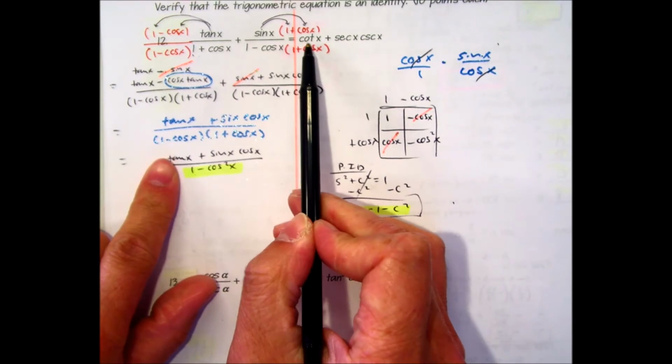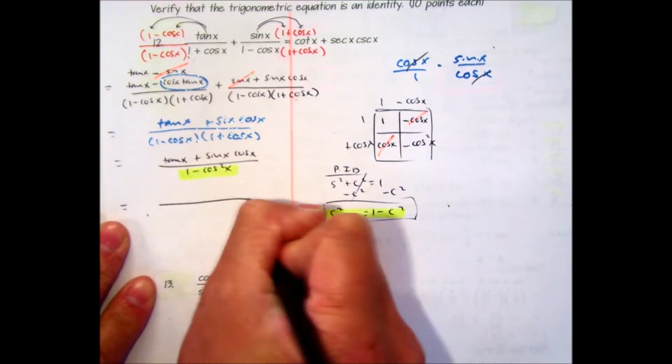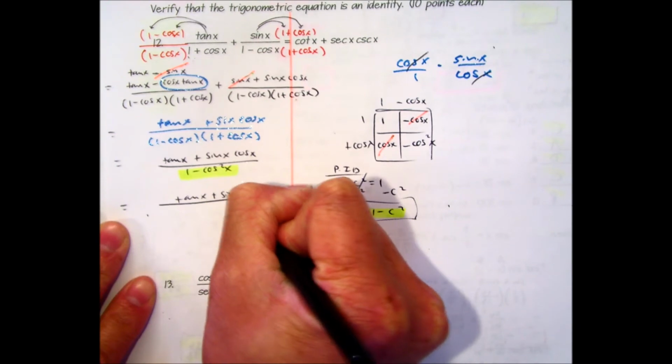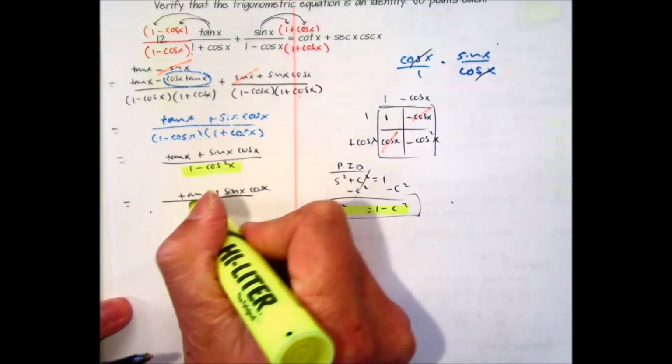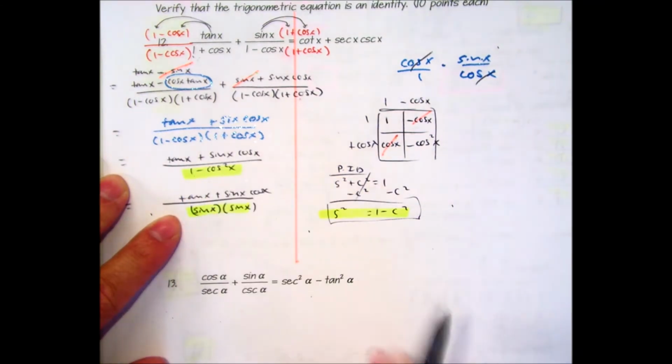If you look at my numerator, it's pretty close. Do you see it? We're almost there. So now I have tangent of x plus sine x cosine x, and then my substitution is sine squared. And I'm going to write sine squared as sine x times sine x. Is that okay?